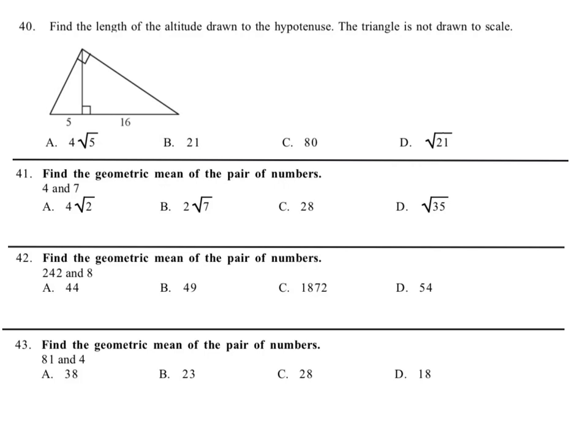What you do is take this length times this length, 5 times 16, multiply them together, and then square root them.